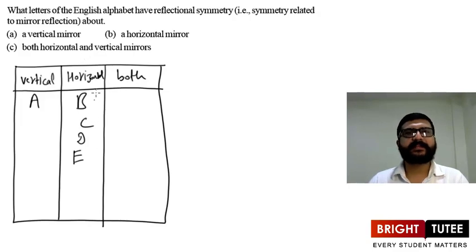Like if we place the mirror vertically, are we going to get the same letter again or not? If we place the mirror horizontally, are we getting the same letter again or not? We can check for each and every letter.